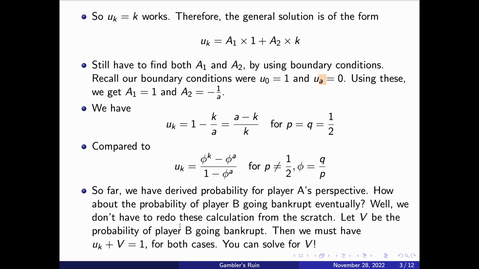Then we must have u_K, that's the probability of player A going bankrupt, and this is for player B going bankrupt. Both of them have to add up to 1, right? And so you can solve for this V by setting this equal to 1 minus u_K, and you will get the probability of player B going bankrupt. So you don't have to do this from scratch. That's what I want to mention.